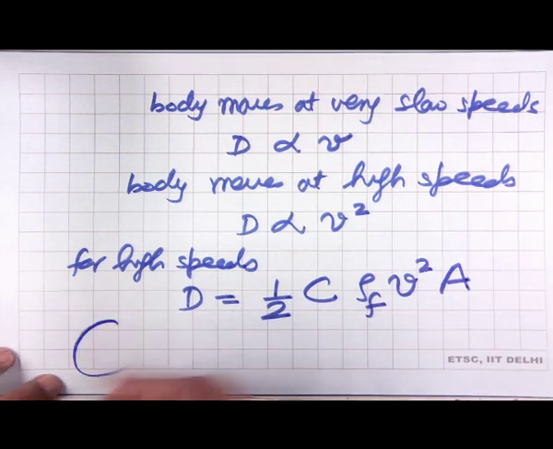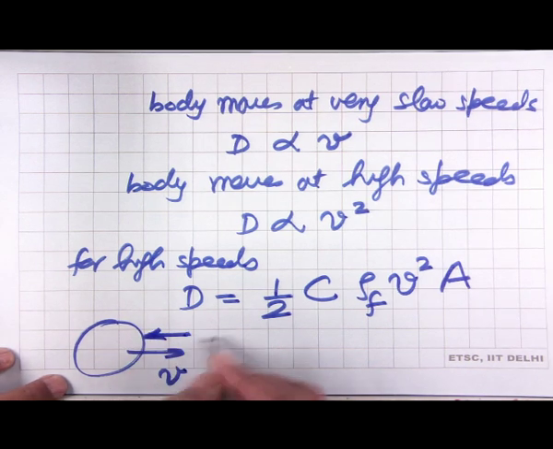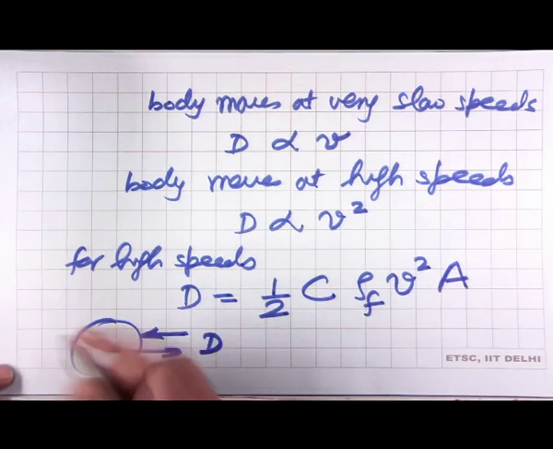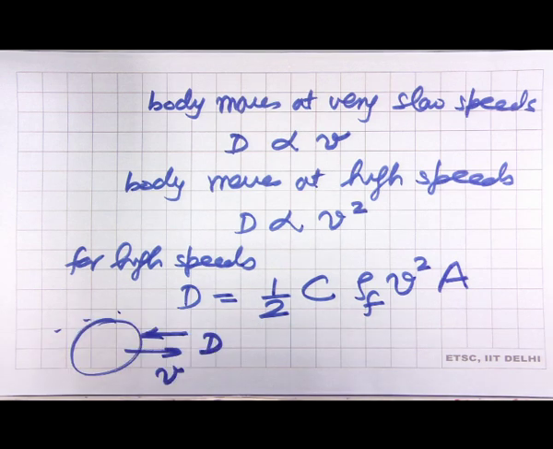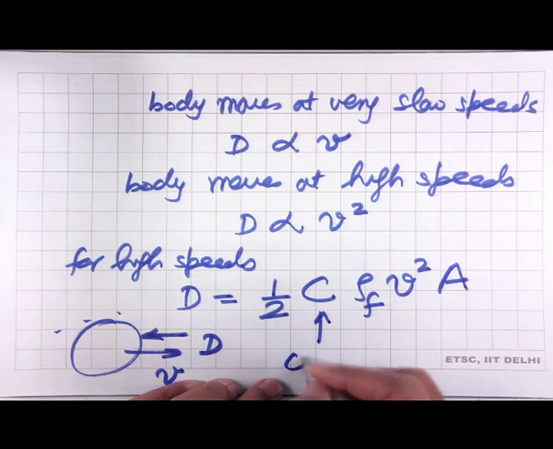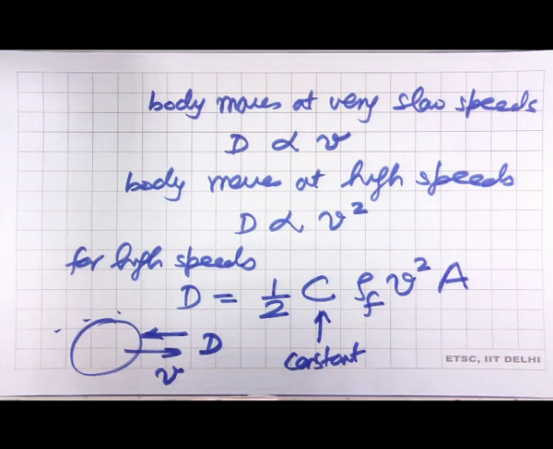So, we have a body which is moving like this with a velocity v, and the drag force on this, which is the force in the direction opposite to the velocity because of the surrounding fluid, will be half times C times rho times v square times A. This C is a constant which is dependent on the shape of the body.